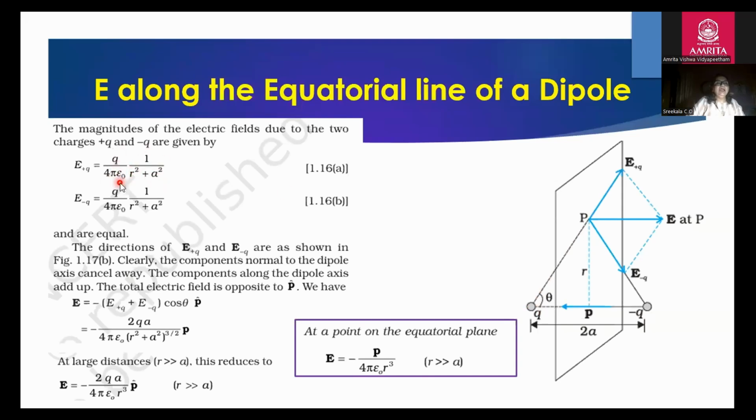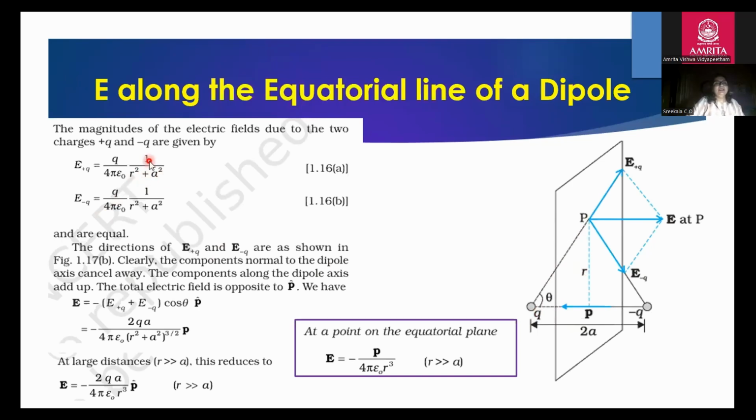The distance from q to P is the hypotenuse, the root of a square plus r square, so its square is r square plus a square.